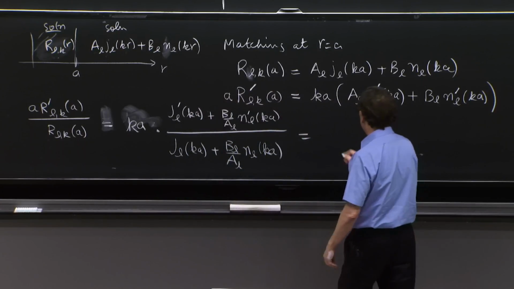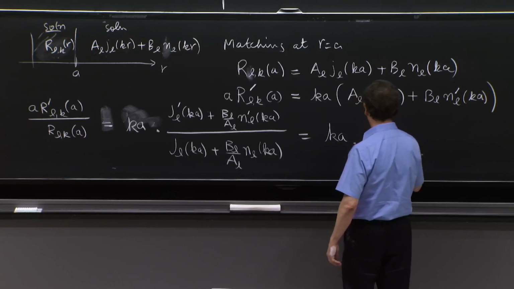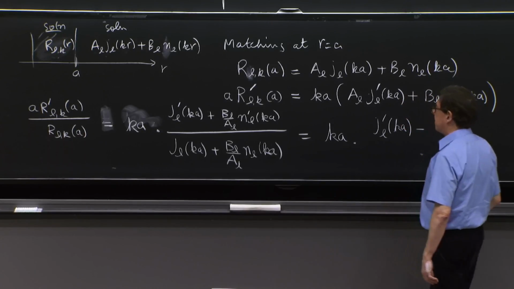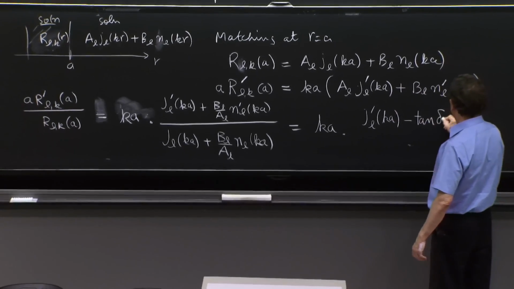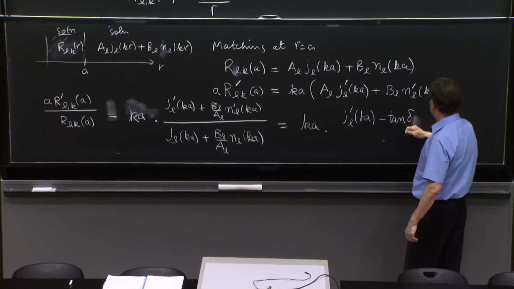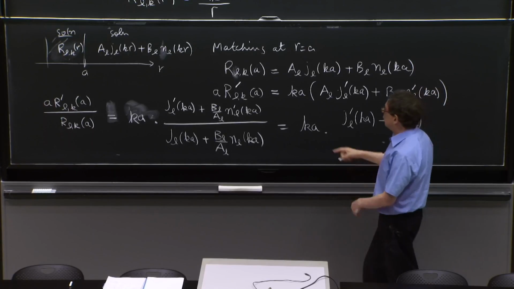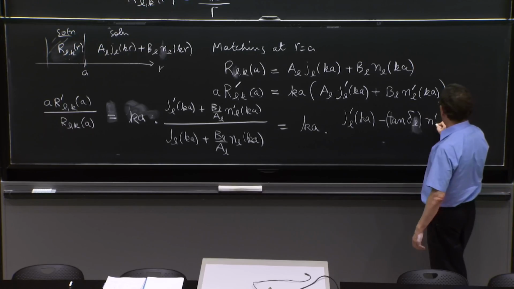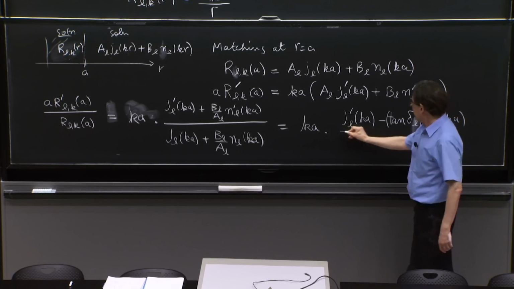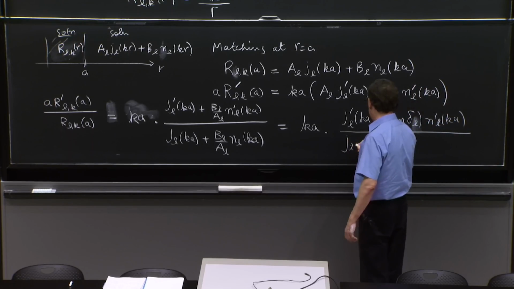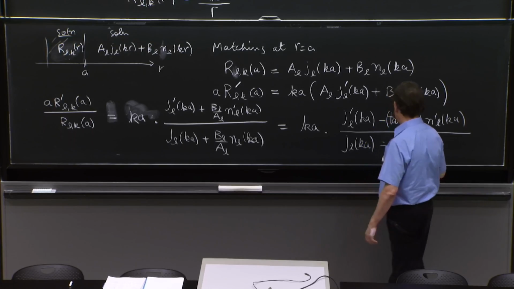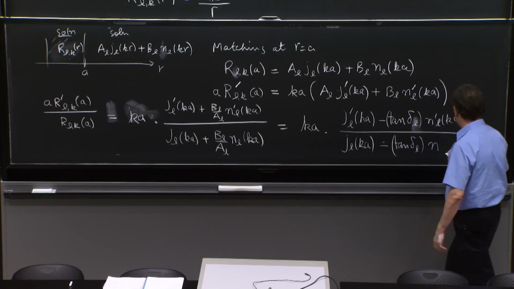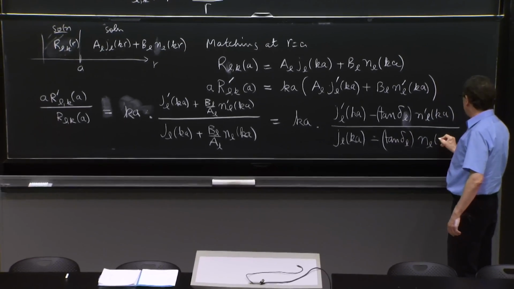But this is nothing but ka times the ratio j'_L at ka minus tan delta_L n'_L of ka over j_L of ka minus tan delta_L n_L of ka. That's what the ratio B_L over A_L is.